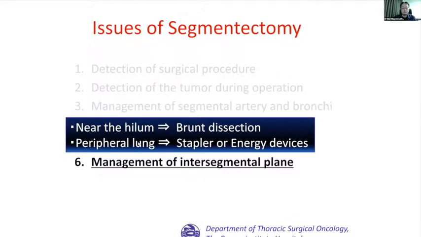Near the hilum, I usually perform bone dissection, and for peripheral lung, I usually divide the lung by stapler, and sometimes using energy devices. The tip of the stapler is almost 1 centimeter, so when I want to keep the surgical margin, I sometimes use electrocautery cutting. It depends on the case.